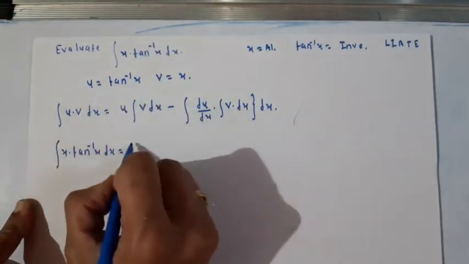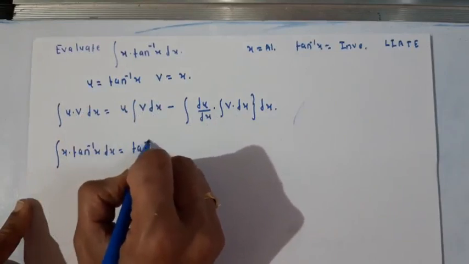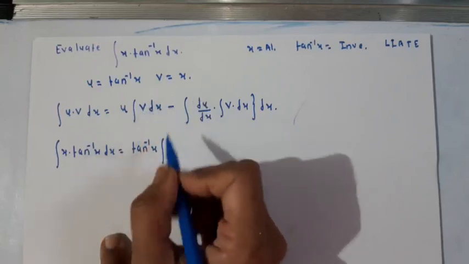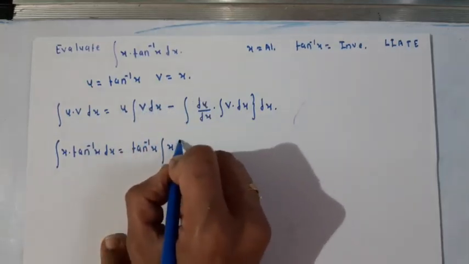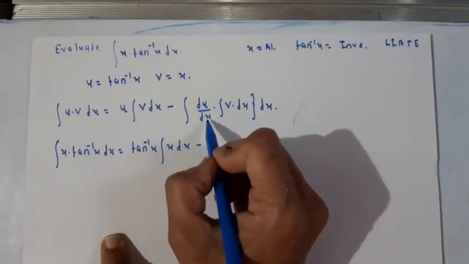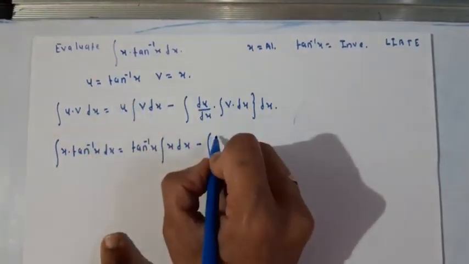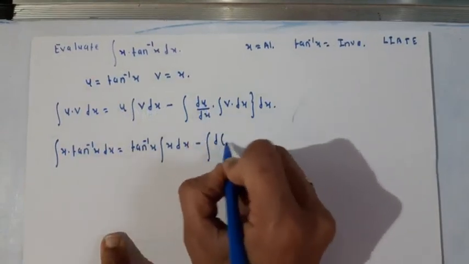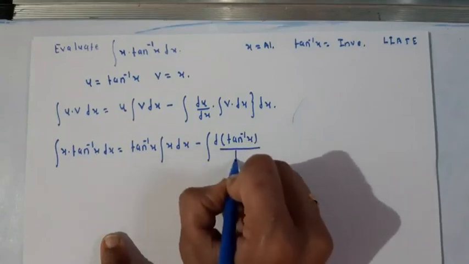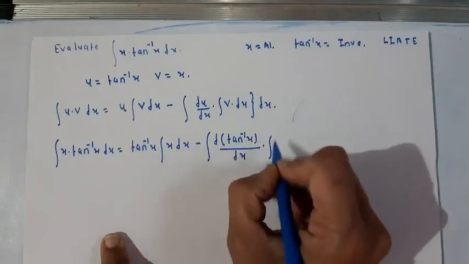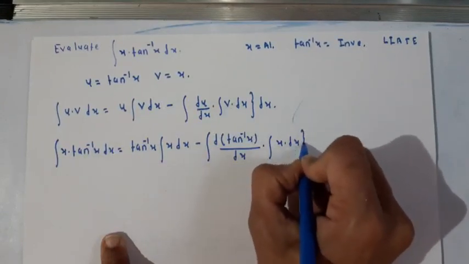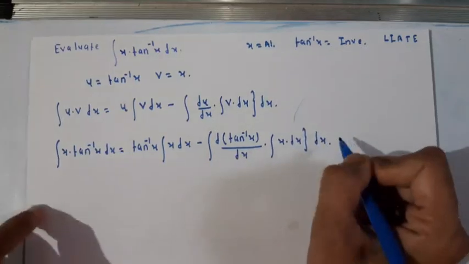So here u equal to tan inverse of x, therefore tan inverse of x, u, outside the integration, v is x, integration of x with respect to x, minus integration of differentiation of u, u is tan inverse of x, therefore differentiation of tan inverse of x with respect to x, into integration of v, that means x with respect to x, and whole the integration with respect to x.